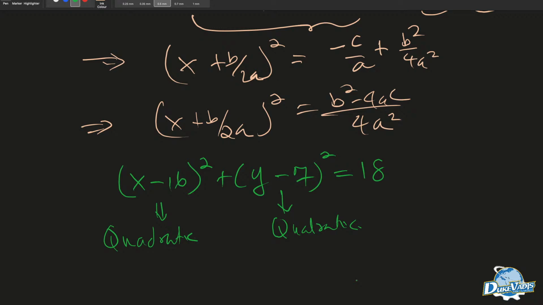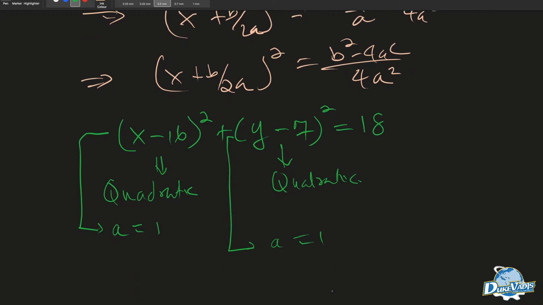You see that this quadratic has coefficient a equal to 1, and the same thing here has coefficient a. If we expand this quadratic equation, let's take it one by one. We are going to expand it, and over here this will be b over 2.